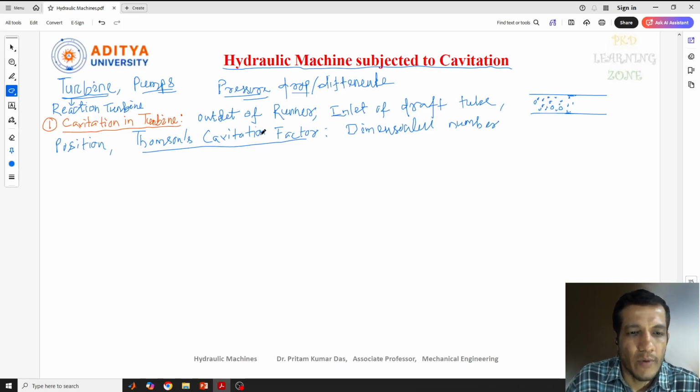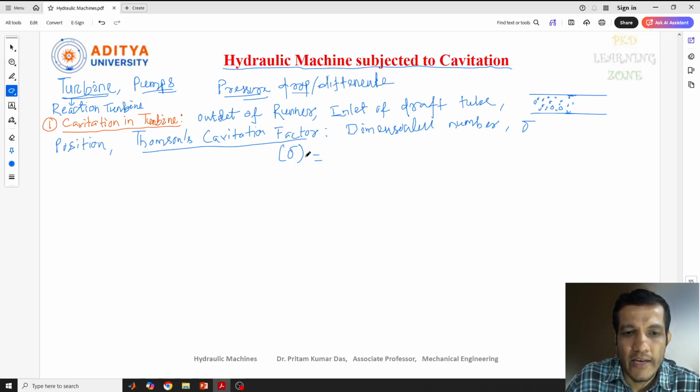So this Professor D. Thomson gave a cavitation factor, and that is denoted by sigma, Thomson's cavitation factor. Okay, so how can we define the cavitation factor?